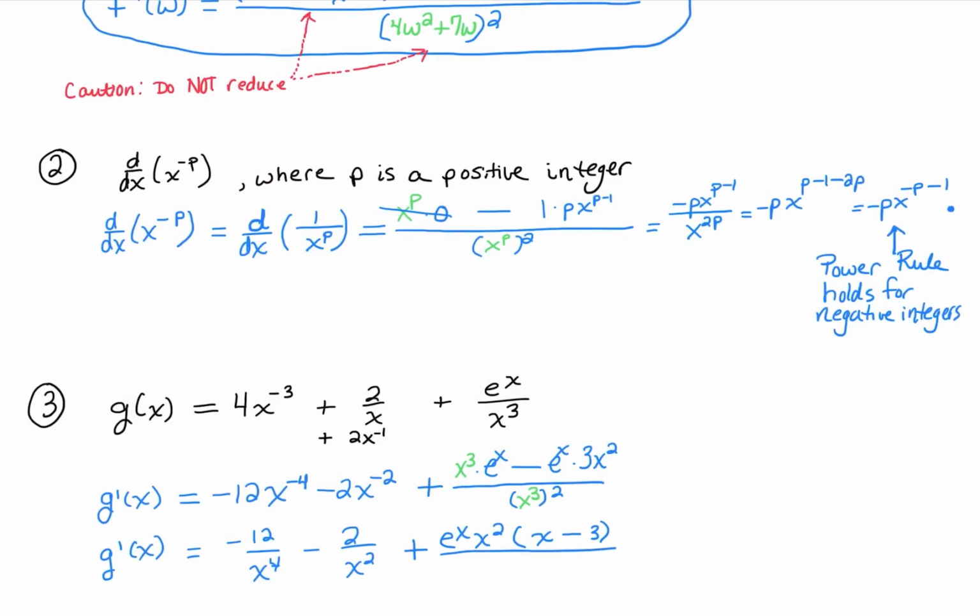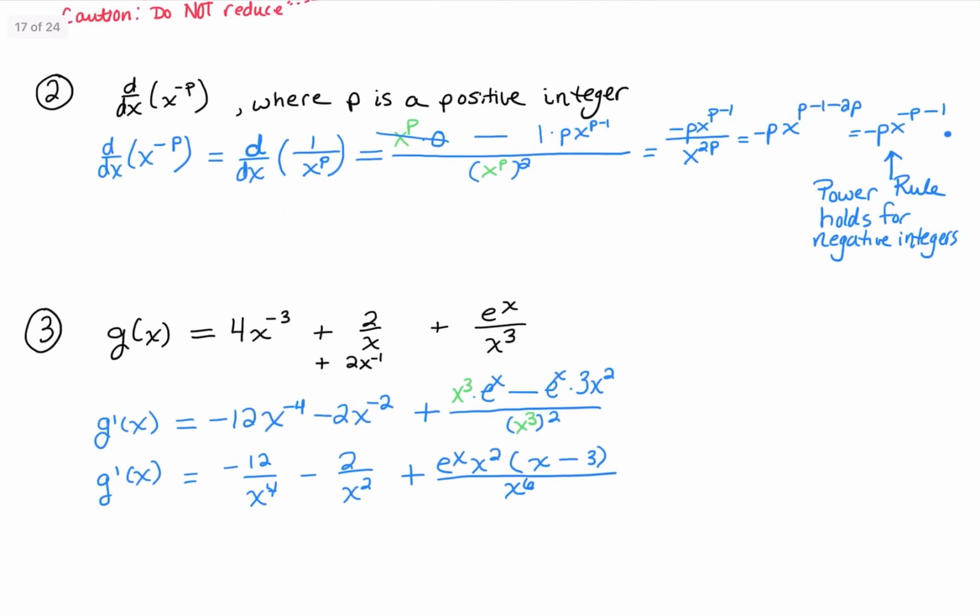And that whole thing though is still over x to the 6th. And by factoring out the GCF, it does allow me to do a little bit of reducing here. I can reduce the x squared factor with the x to the 6th, and that leaves me with an x to the 4th in the denominator.